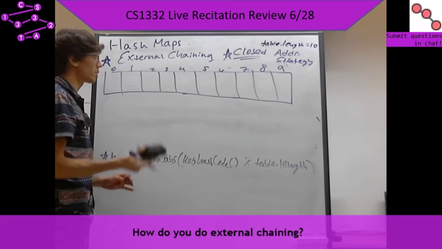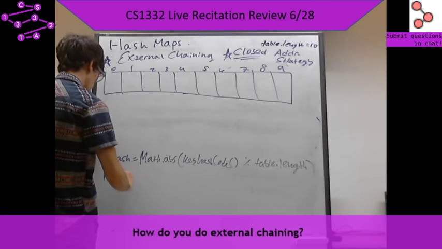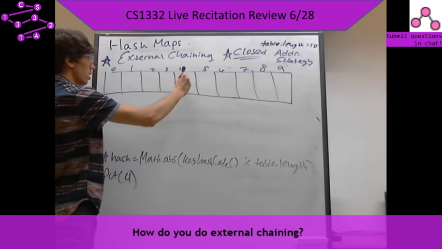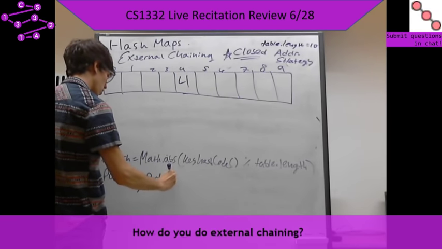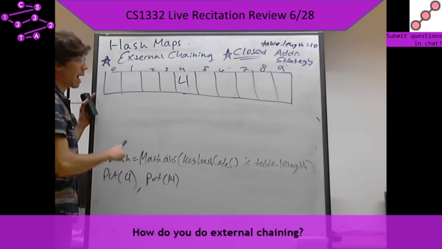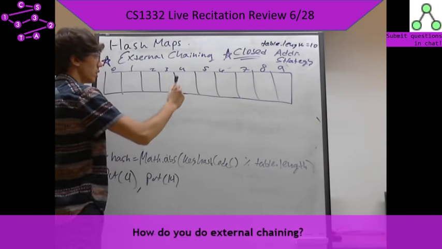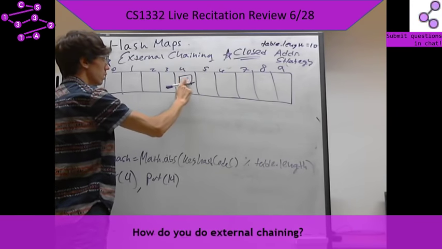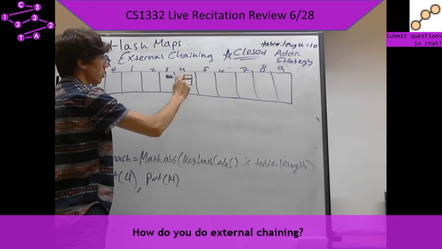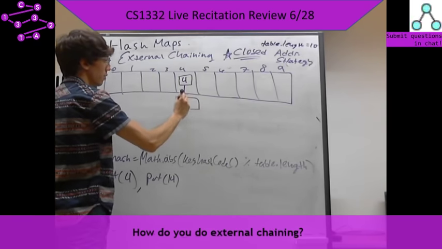okay, cool. So let's look at some methods here. So we'll put 4. 4 will get mapped here. We'll put 14. And what will happen is, instead of this just being placed in there, you do have a linked list with the head of each of these in the index of the array.